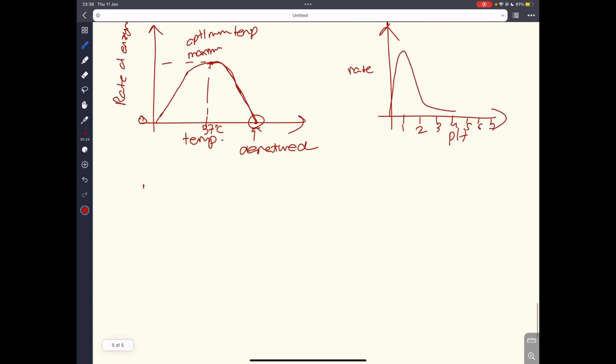Now for substrate concentration and enzyme concentration, it basically follows the same pattern. Let's go for substrate concentration first. If substrate concentration increases, there is more substrate, meaning it can bind to more, right? So if substrate increases, the rate of reaction will also increase.